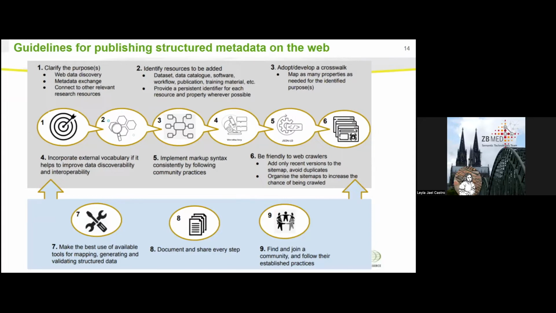Very important is that in some communities, you will find that they use controlled vocabularies, ontologies, for instance, to describe very specific elements to the community, to the domain. So it's important that you are aware of it, and if necessary, you can incorporate external vocabularies.